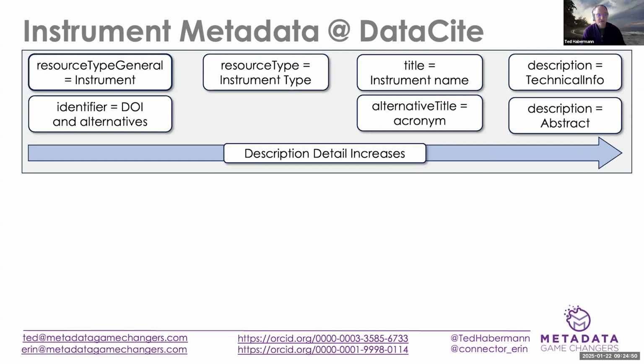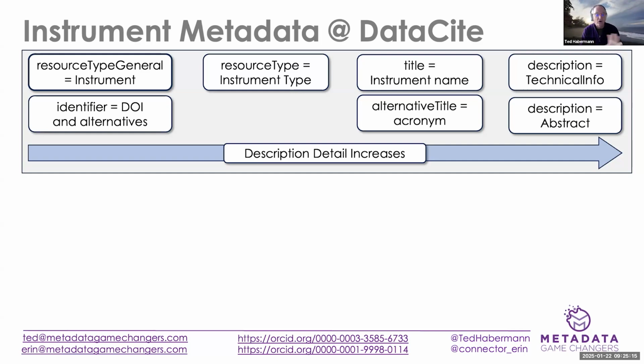So we have instrument for resource type general, and then we have resource type that could be more descriptive information, a title, the instrument name, more descriptive alternative titles like an acronym. Many instruments, as you all know, have acronyms. And then a full text description, either a technical info description or an abstract.